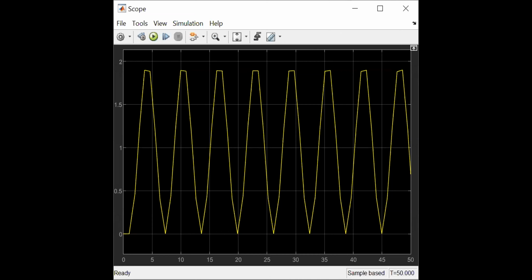Now, I want to do something very interesting. I'm going to disconnect the transfer function, and I'm going to connect it back to the sinusoid. Double click on the sinusoid. Here is what I'm going to change. Amplitude is 1.